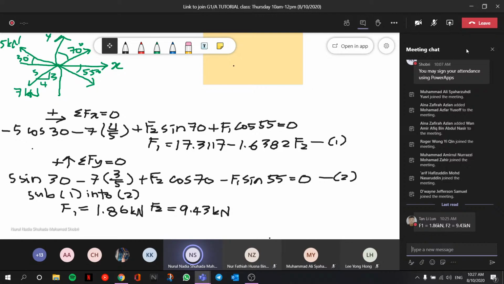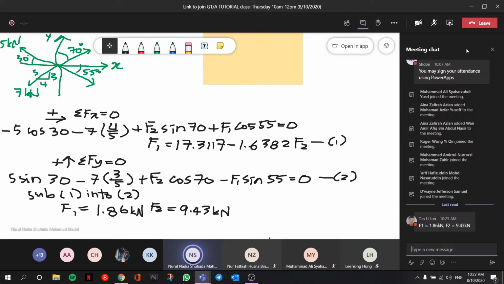So basically, first you have to break the forces into components Fx and also Fy. So for Fx, negative 5 cos 30. You take this measurement from this part.